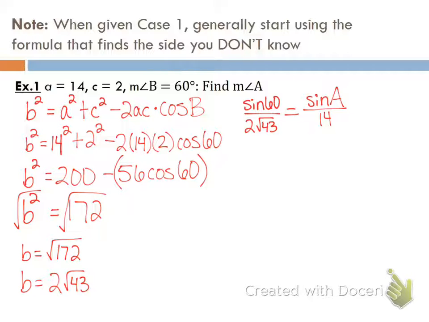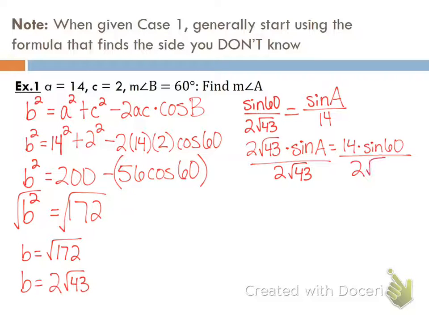Okay, from here, this should be pretty easy because we've spent a couple days practicing these types of problems. We cross multiply: 2 root 43 times the sine of A is equal to 14 times the sine of 60. The next thing we have to do is divide both sides by 2 root 43.